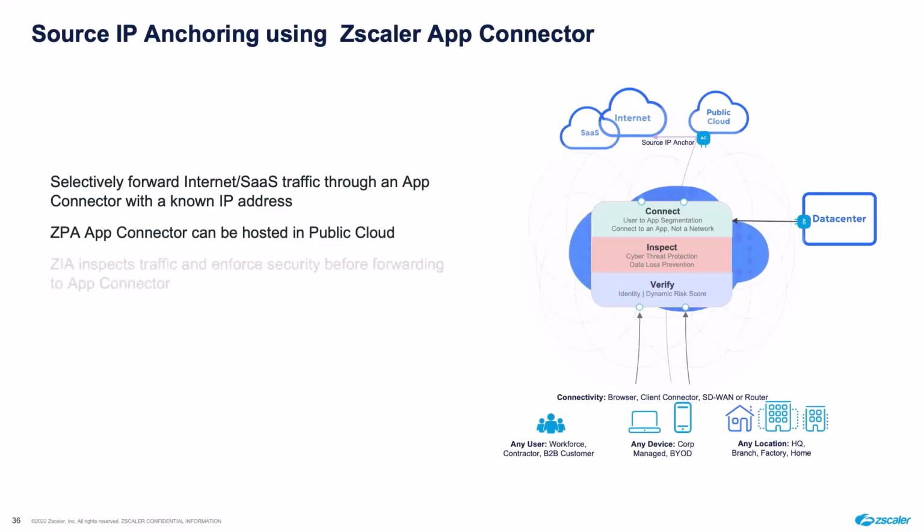The Zscaler Internet Access Framework provides all of the TLS inspection, data privacy inspection, data loss prevention, all of the advanced threat protection before making a decision to forward the traffic through the app connector, and the app connector egresses the traffic to the internet, providing that source IP anchoring.